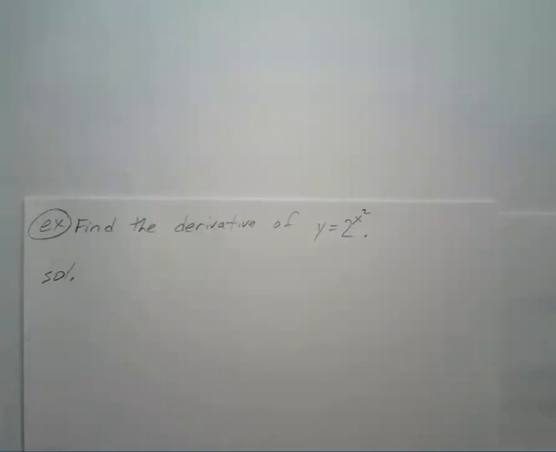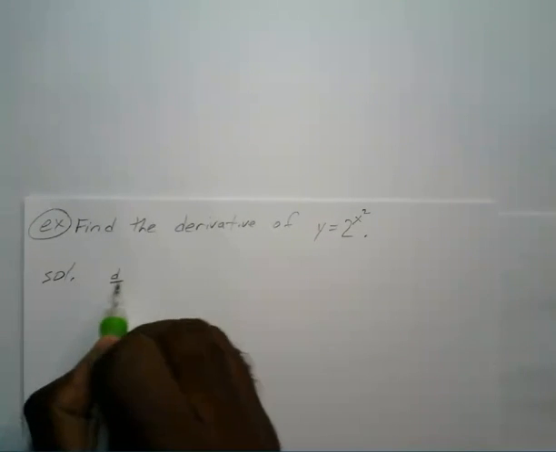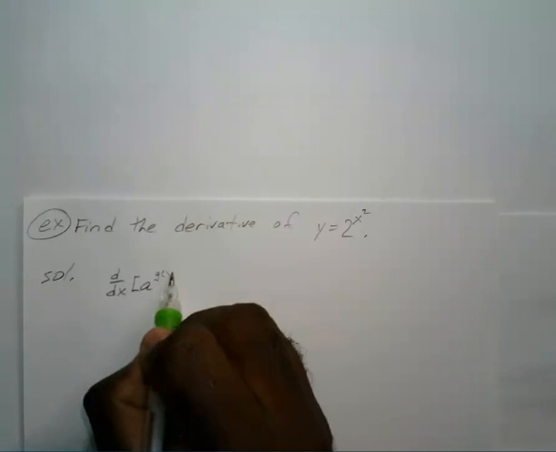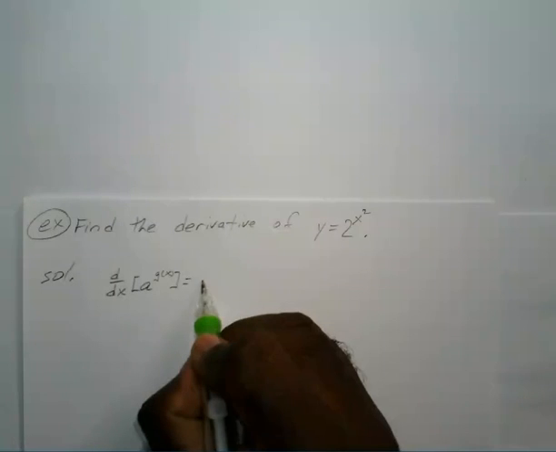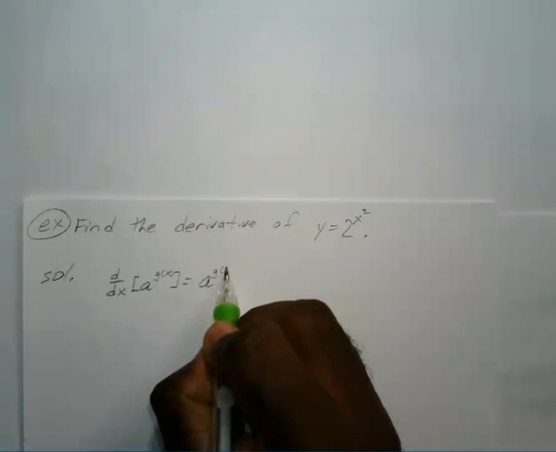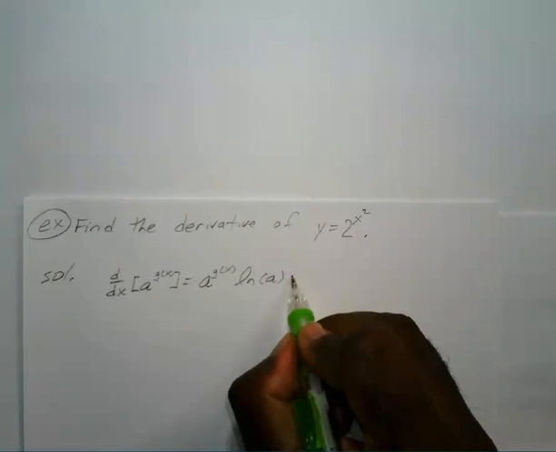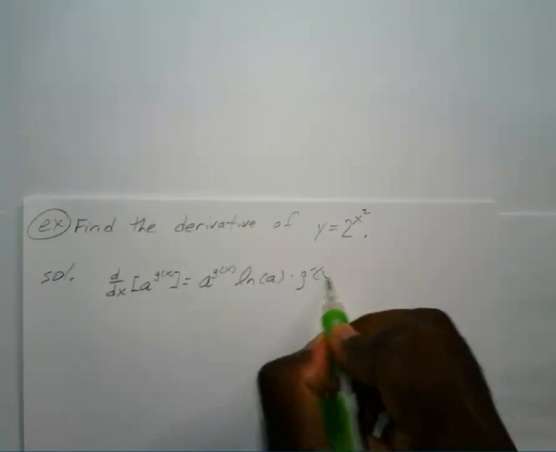To solve that one, of course, you have to remember that the derivative of a to the g of x is equal to a to the power g of x times natural log of a times g prime of x.